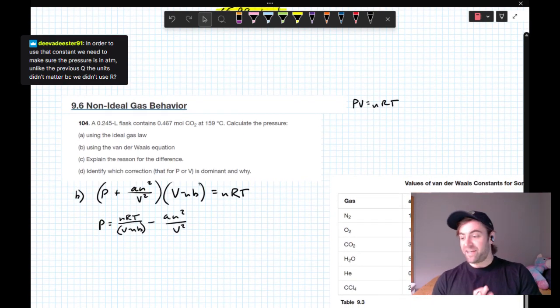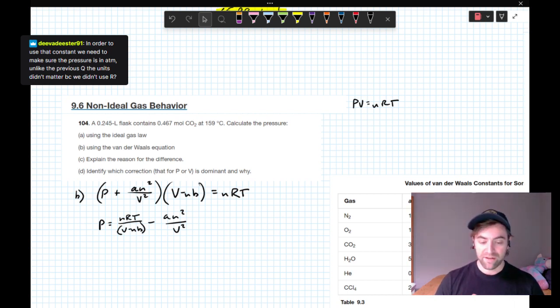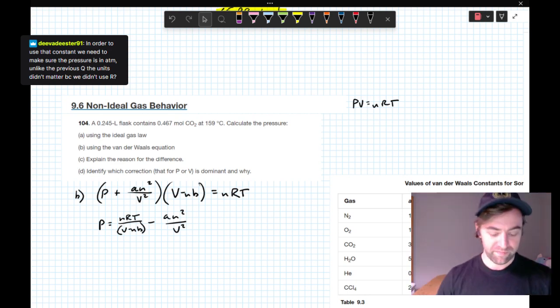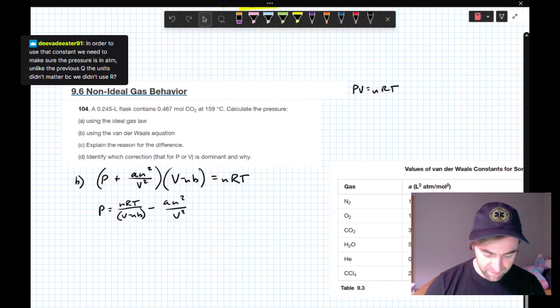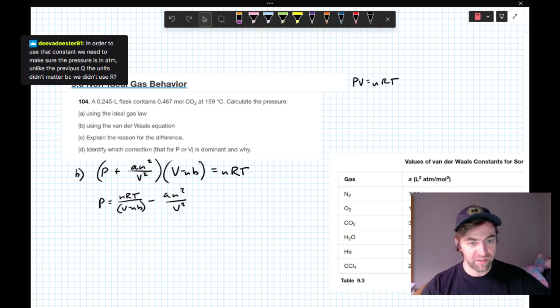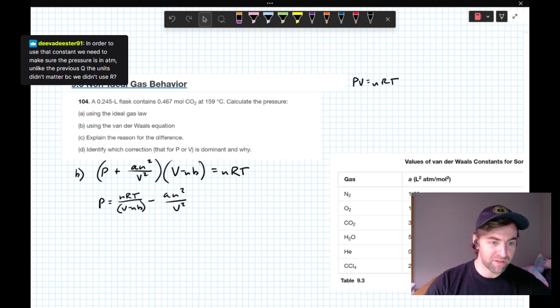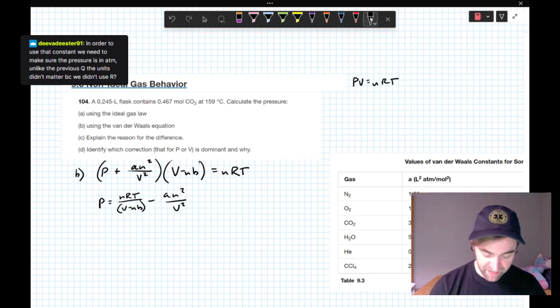So now we're going to look at a few with non-ideal gas behavior. I also see we're coming up on 5 p.m., so I probably will not get through these, but we should do at least one. So 104. A 0.245 liter flask contains 0.467 moles of CO2 at 159 degrees Celsius. Calculate the pressure first using the ideal gas law.